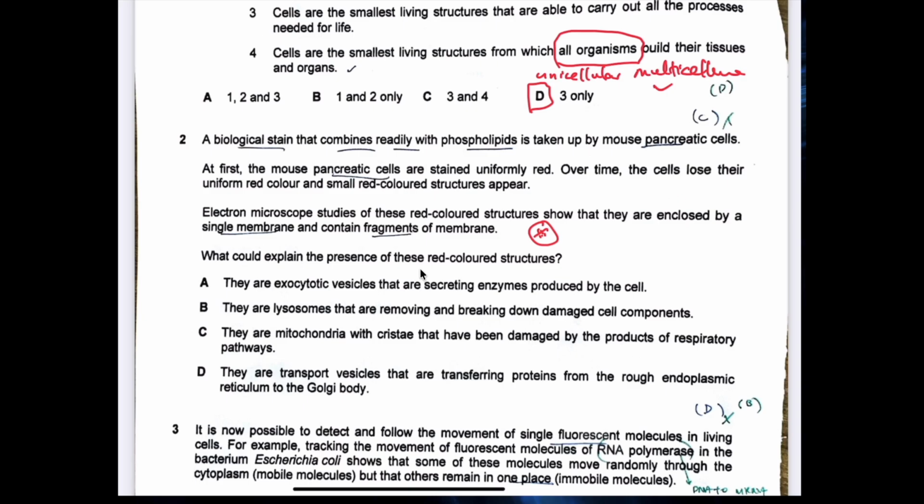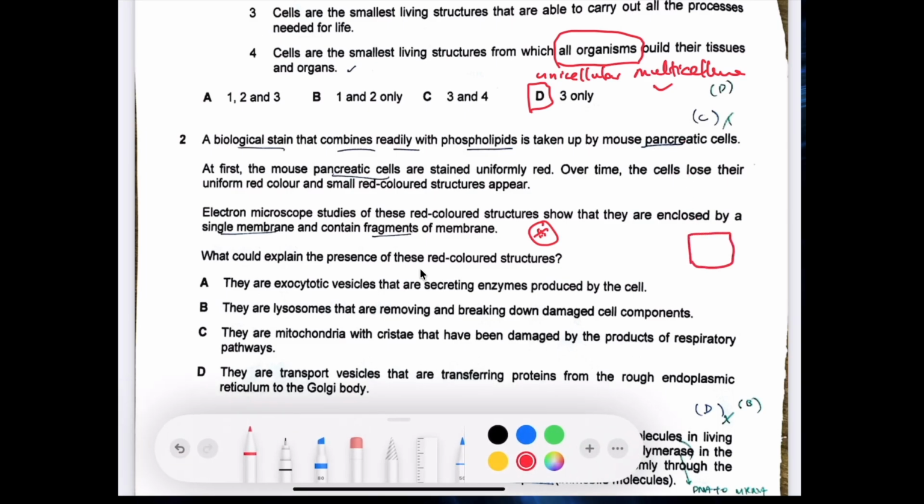Initially, where is the red dye? Let's say this is the cell, and inside you have all the organelles, etc. They say that initially it is uniform red, meaning red inside, red outside, so everything is red.